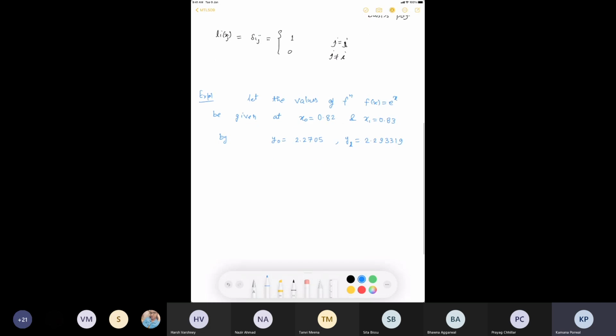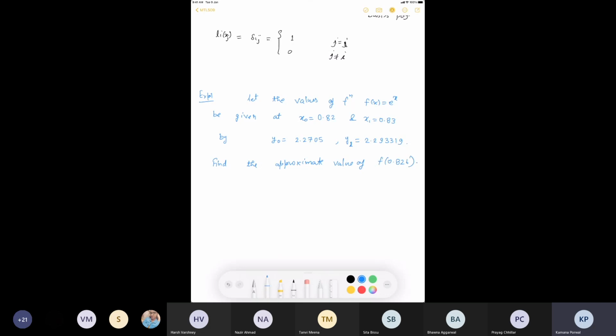Okay. So what we have to find is the approximate value of f(0.826).